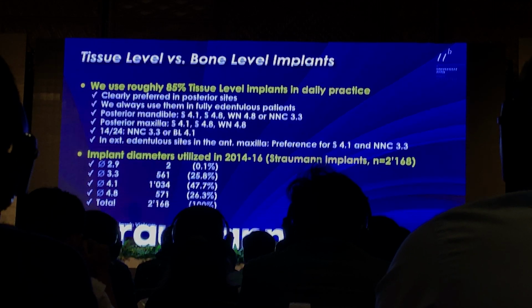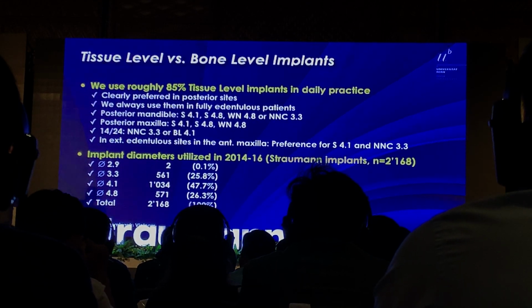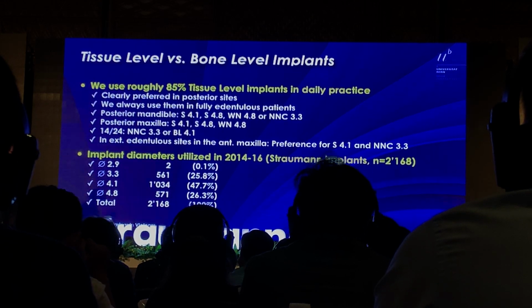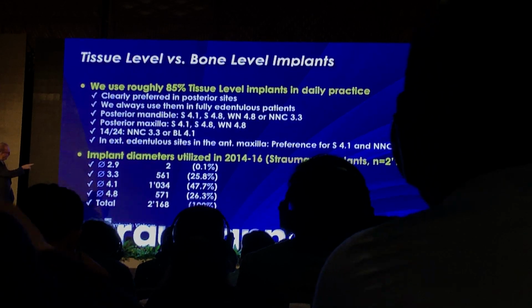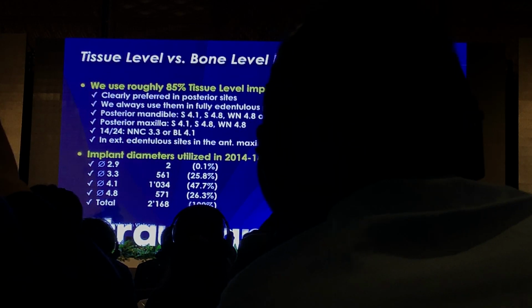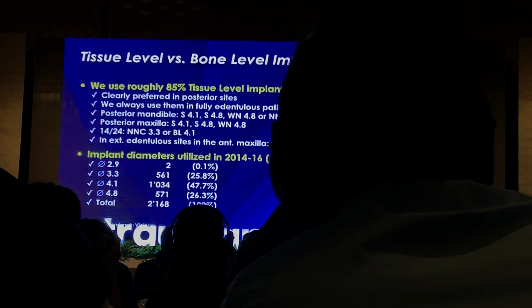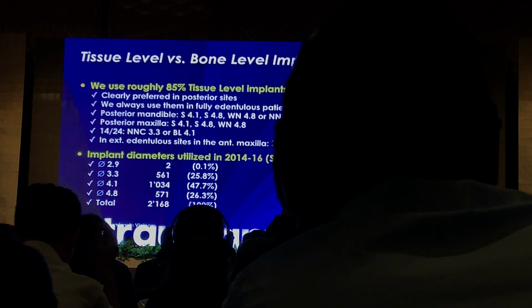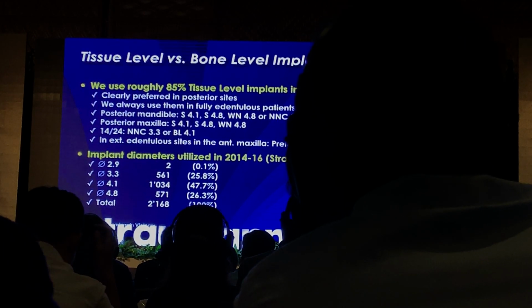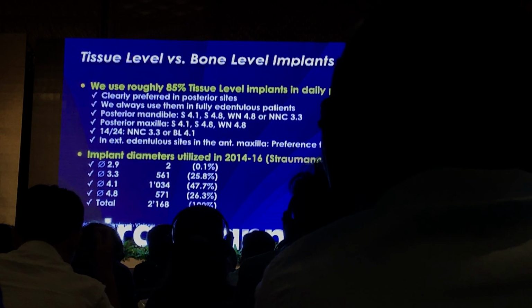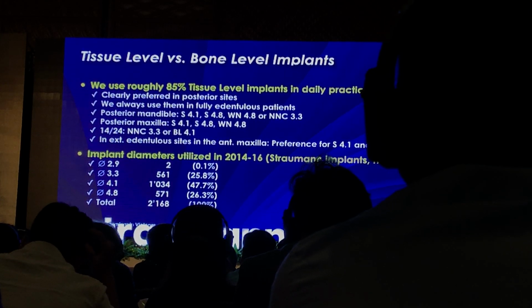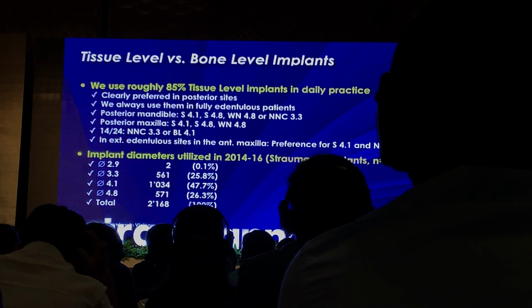And when you look at it, then you see here the diameters. The standard diameter, 4.1 millimeters, about 50%. And then the wide diameter is about 25%, and the narrow diameter also 25%. That's mainly the NNC tissue level narrow diameter I will show you.